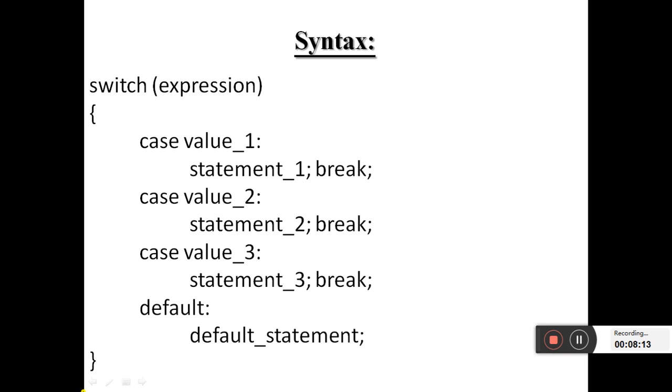So this is all about the switch case expression, where there is an expression provided by you. This expression will match with value 1, value 2, value 3. If any of these values match the expression, then it will execute the statement block. If no match is found, then it will directly execute the default block.